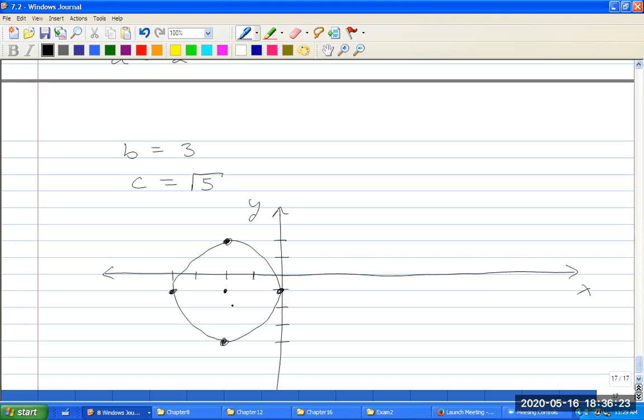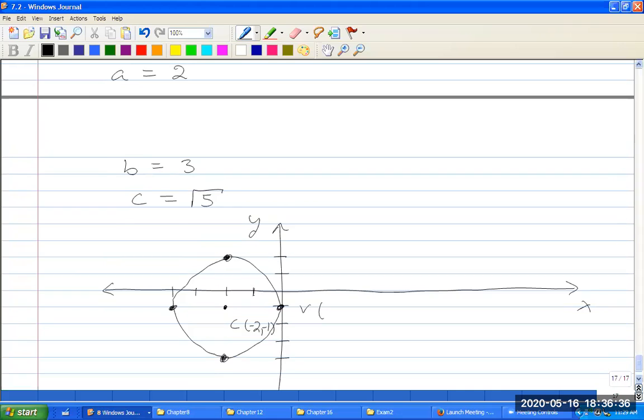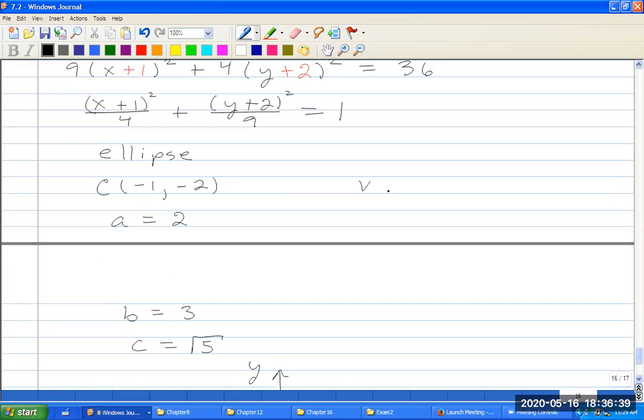And so the center is at -2, -1. My vertices are at, maybe I should even say that here, the vertex is at h plus or minus a, k, and at -1, -2 plus or minus b, which is 3.